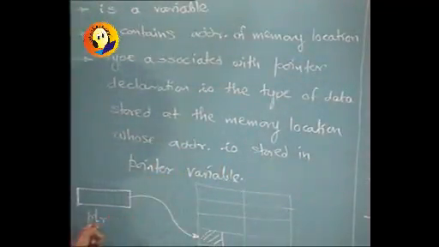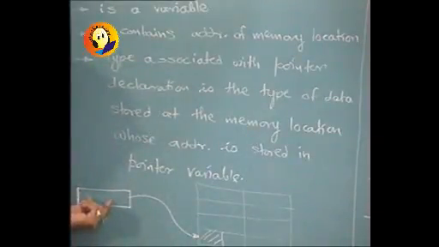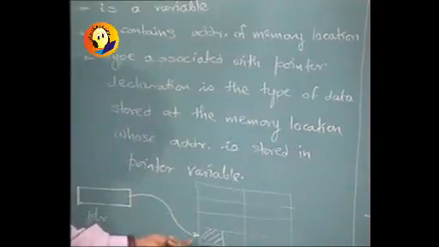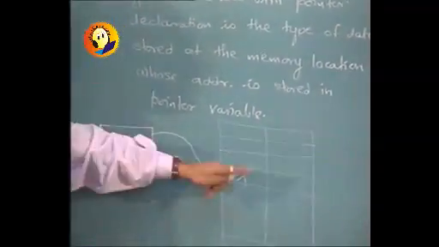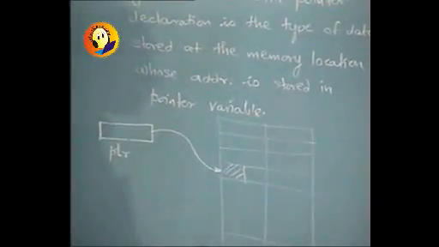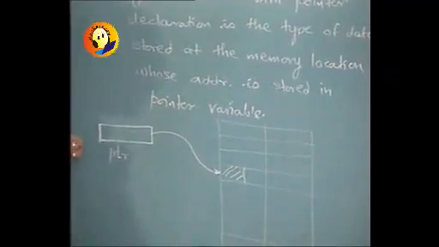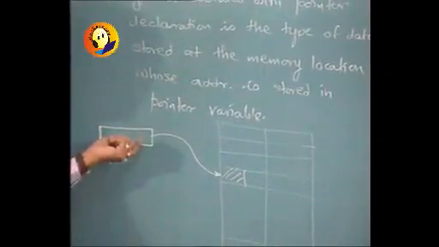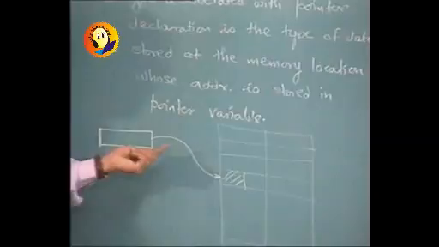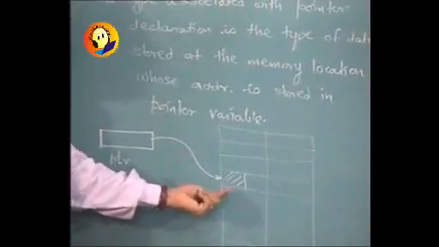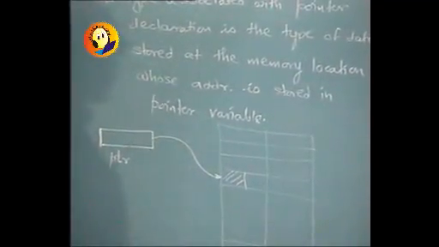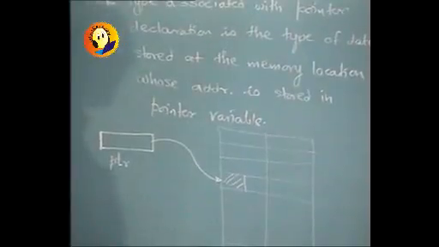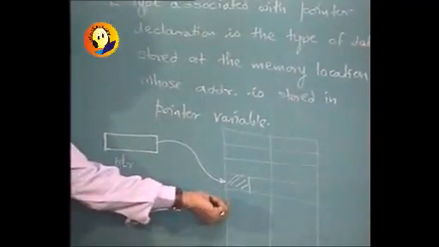So if I have this particular pointer as integer type, that means I should fetch the address, go to that particular memory location, and over there I will find an integer value. If it is a float type, then when I reach that address, I should be fetching 4 bytes of data, because it is float type. If it is character type, I should be fetching only 1 byte.